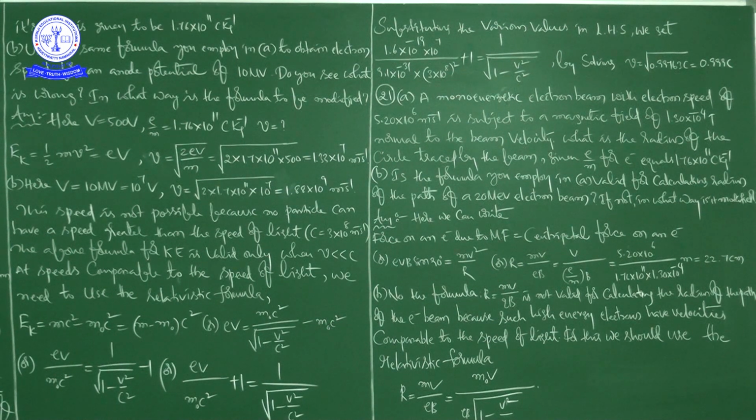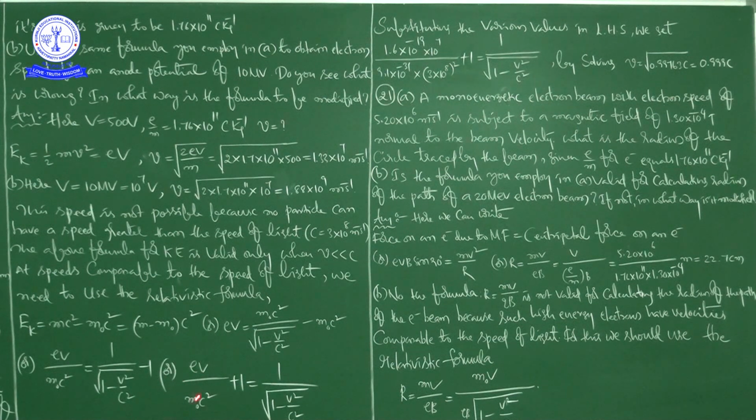Observe carefully what we are writing here. Next step, we are taking this m naught c square as common and taking this to the left hand side. So Ek by m naught c square is equal to 1 by square root of 1 minus v square by c square minus 1.